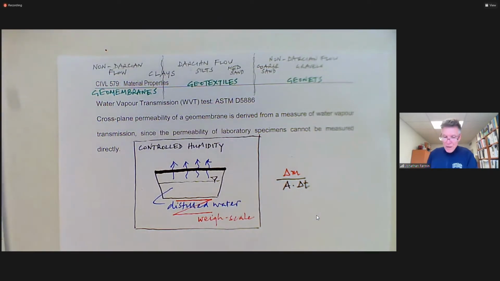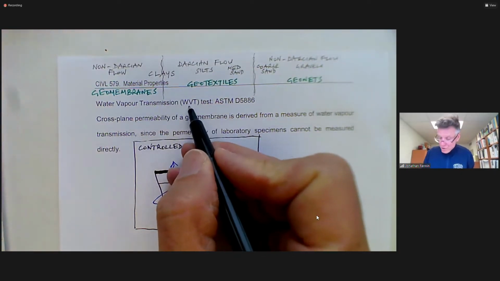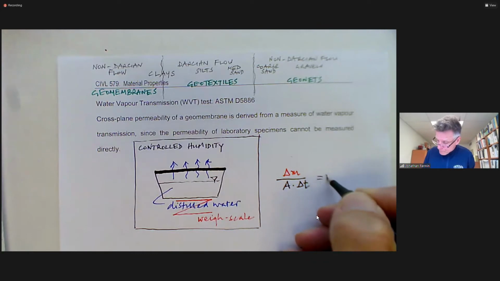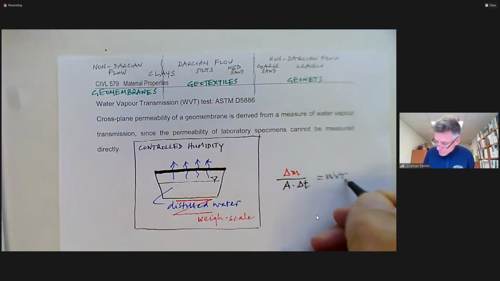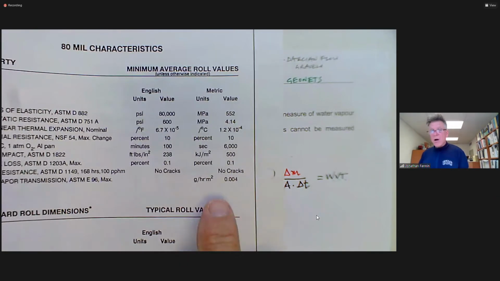Those observations of water vapor transmission are going to give me my grams per hour per meter squared.